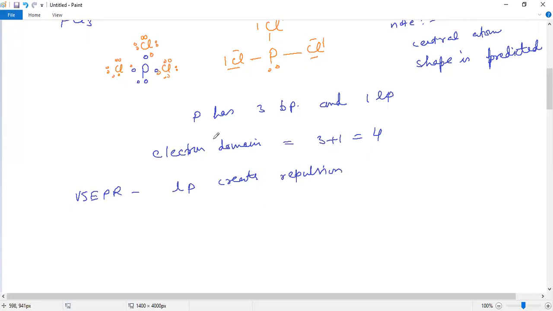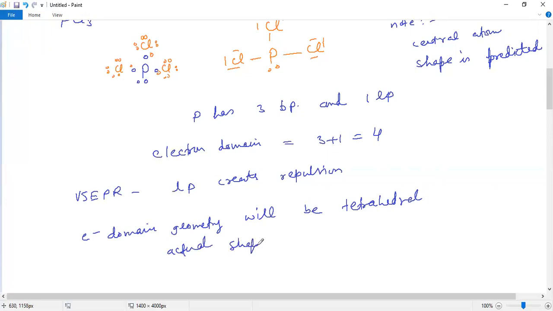Based upon the number of electron domains, it is supposed to be tetrahedral, but the actual shape is pyramidal. So the electron domain geometry will be tetrahedral only, but the actual shape is called pyramidal.